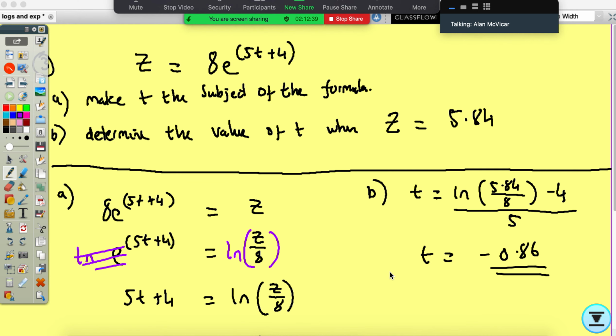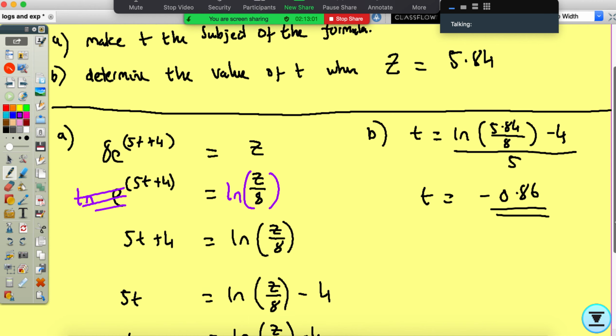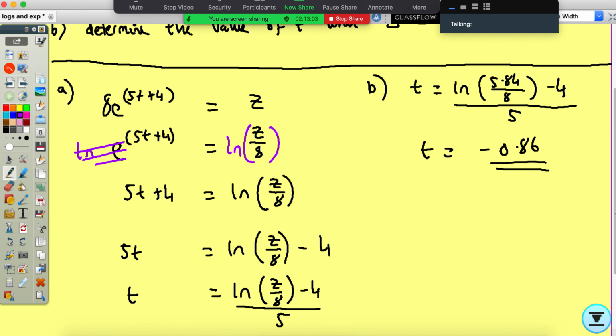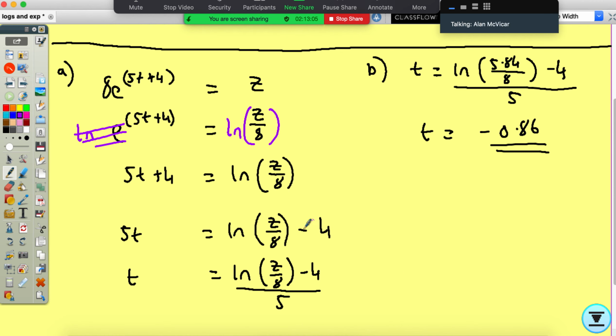Anyway, so that's the last one. I flipped my formula around, moved my 8 across, took ln of both sides, so I got 5t plus 4 equals ln z over 8. I subtracted 4, moved that across and subtracted it, and then divided by 5.